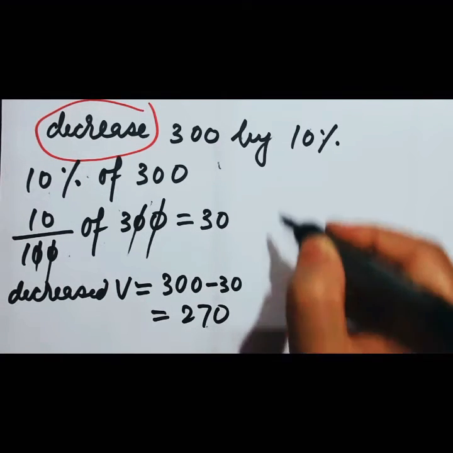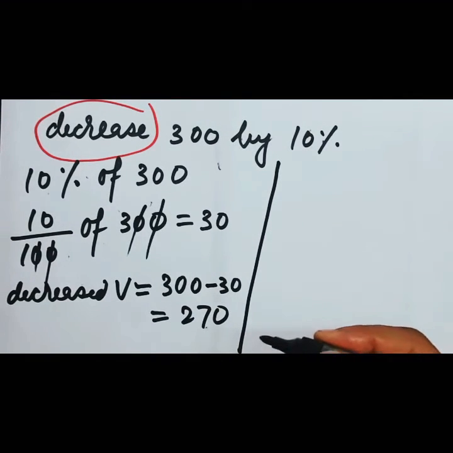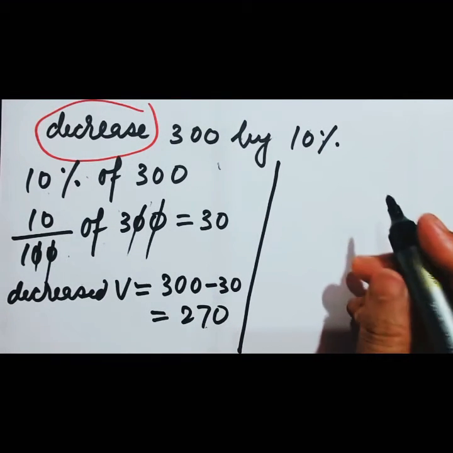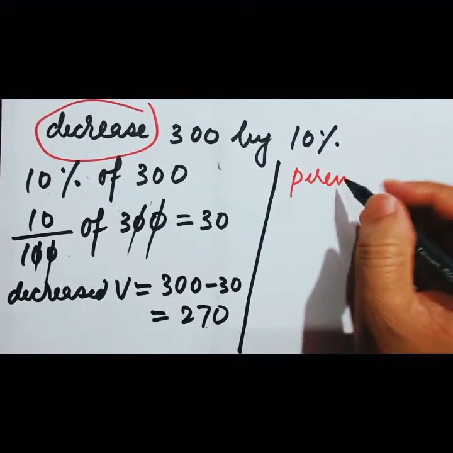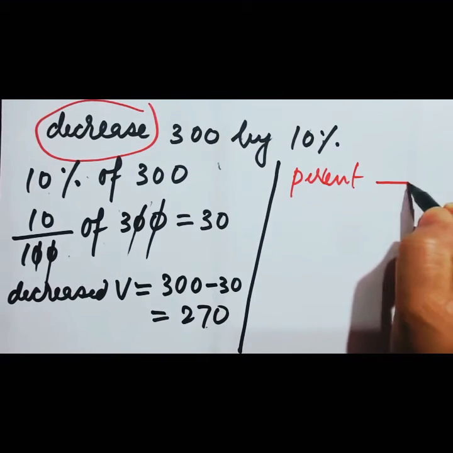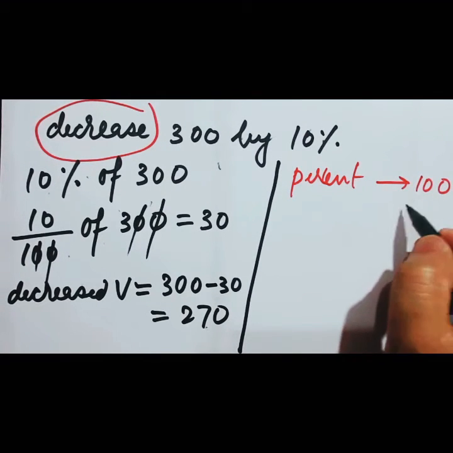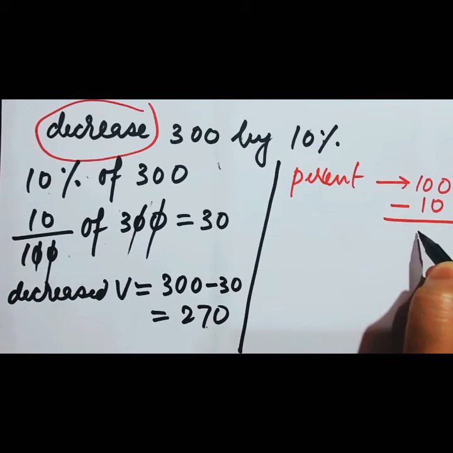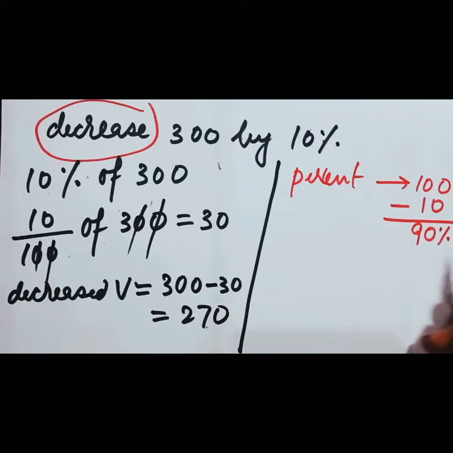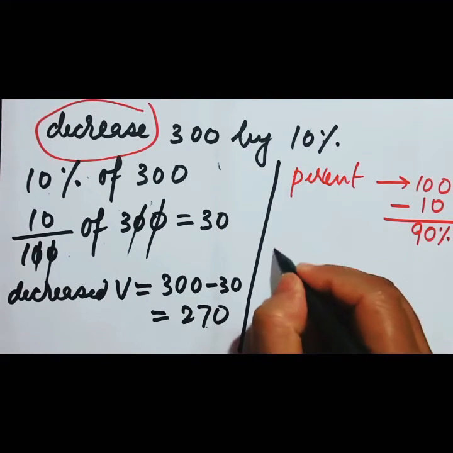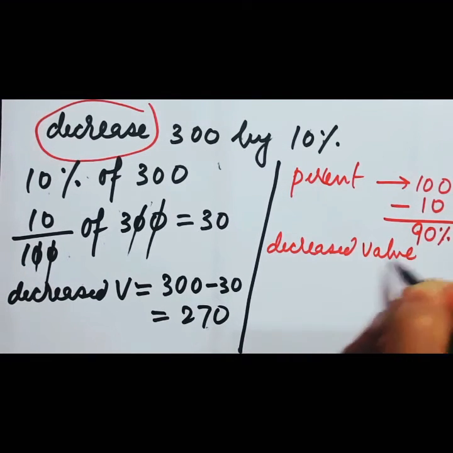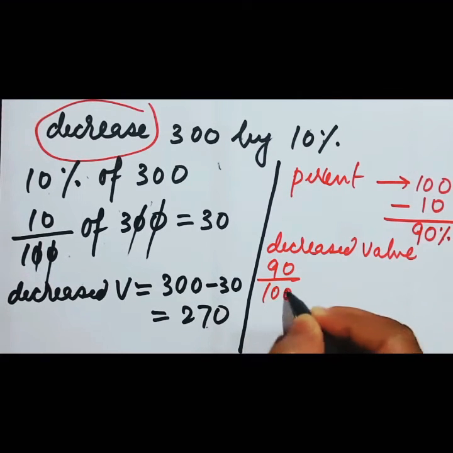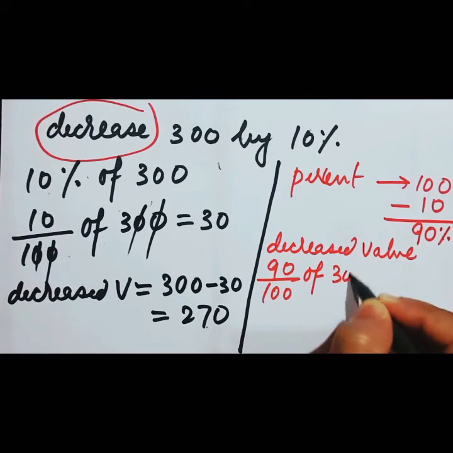Very simple. Now, let us find the same thing using the formula method. As I said, when you are talking about percent, it means 100. When you are decreasing it by 10%, your new value will be 90% of the original value. Therefore, the decreased value will be 90% of 300.